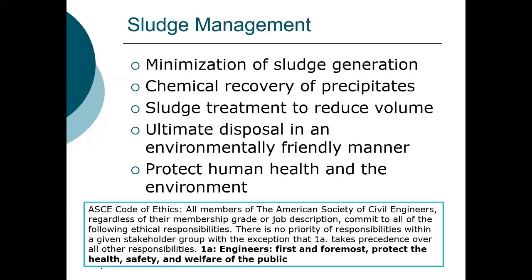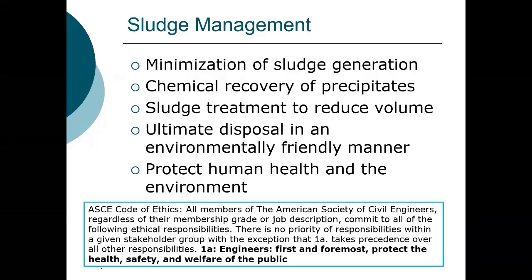So when we're looking at sludge management, there are really 5 aspects of this. One is to minimize sludge generation. If we can minimize sludge generation, we minimize the treatment processes, which saves in terms of energy consumption and saves in terms of cost.